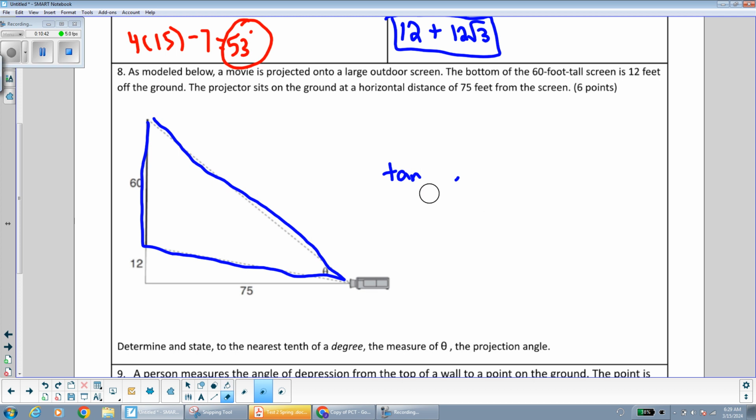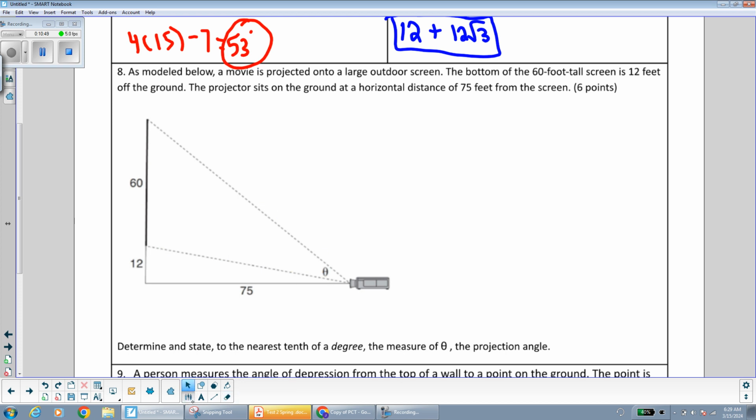So what we have to do is think about where the right triangles are in our diagram so we can use the right triangles to make trig ratios. I have a right angle over here, so this triangle over here is a right triangle, and the whole big triangle is a right triangle.